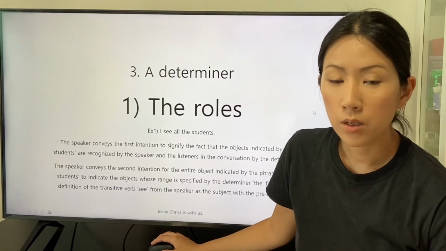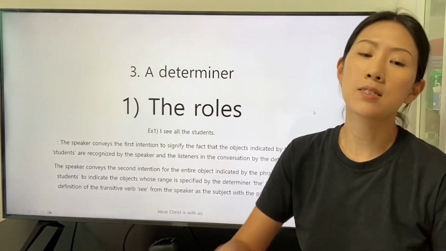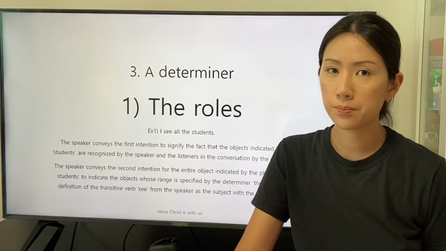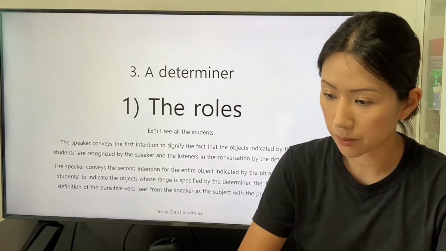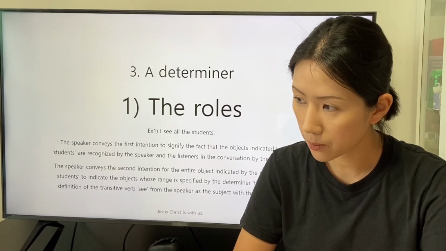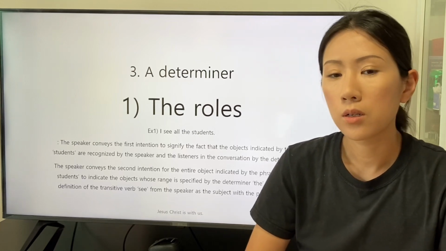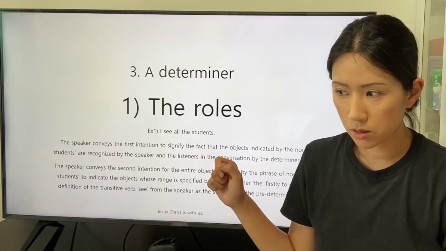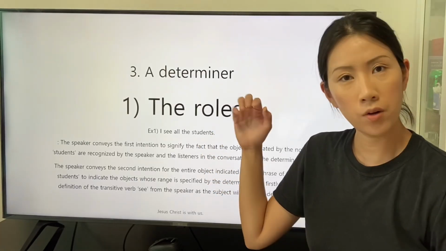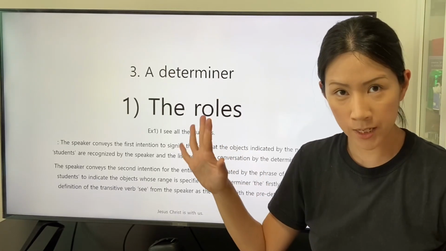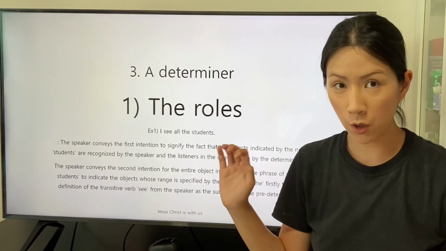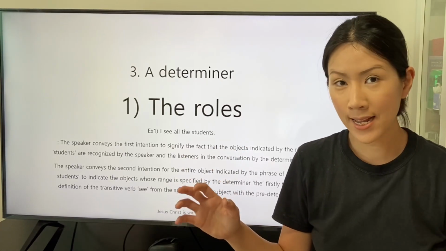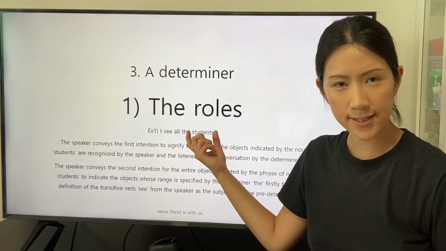The first clause is this: I see all the students. We can think of the range of the object indicated by the general noun student.